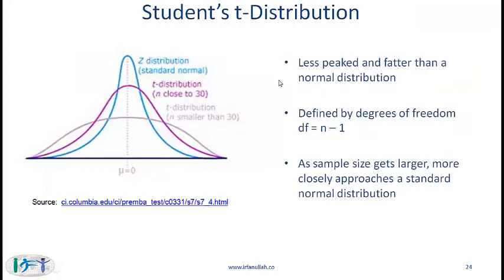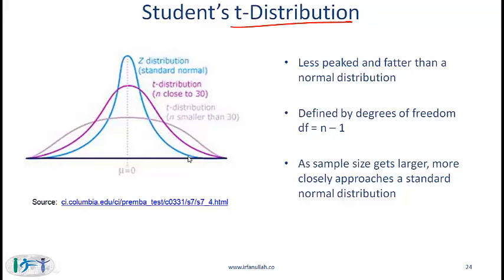Let us now look at the student's t distribution, or what is generally called the t distribution for short. This distribution in blue is the standard normal distribution or the z distribution, which is what we have talked about. You use this when you know the variance of the underlying population.